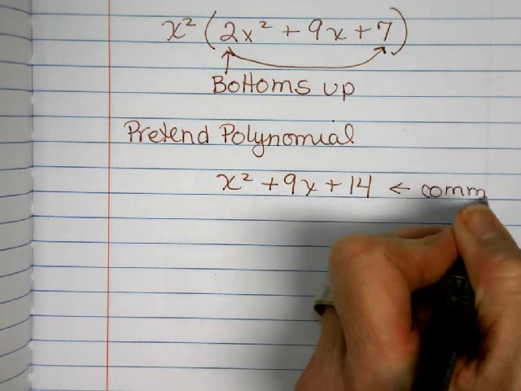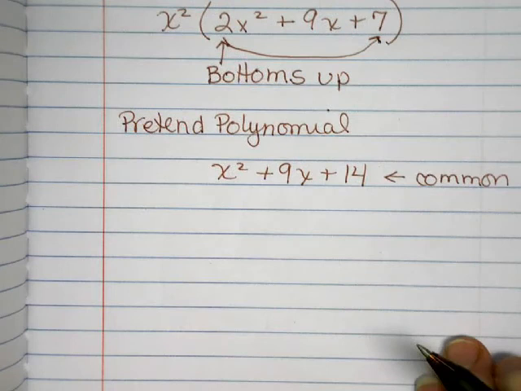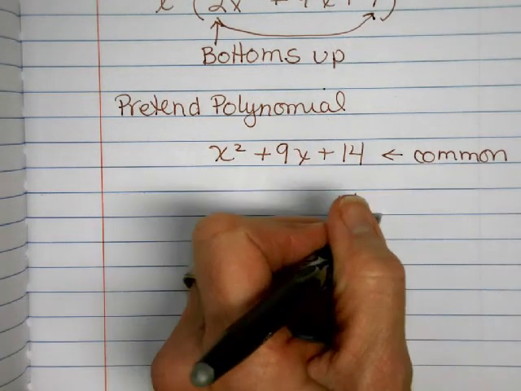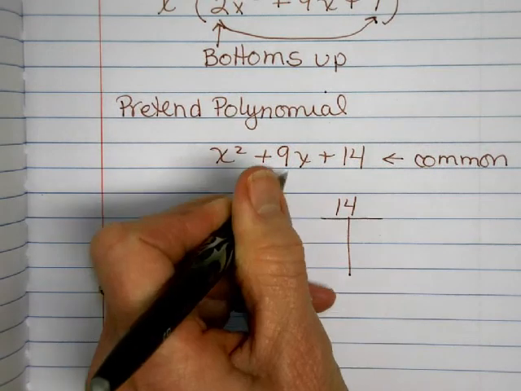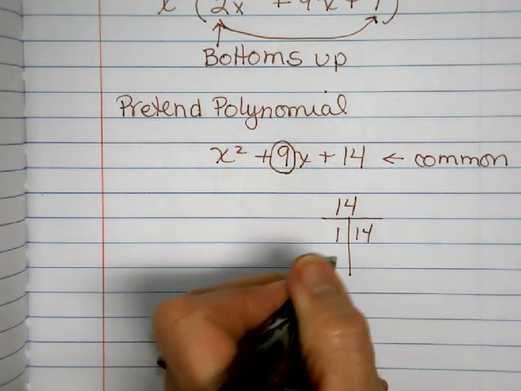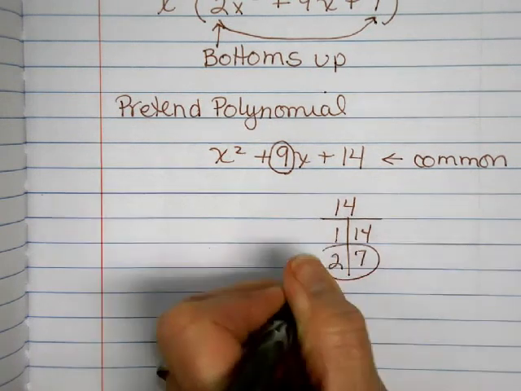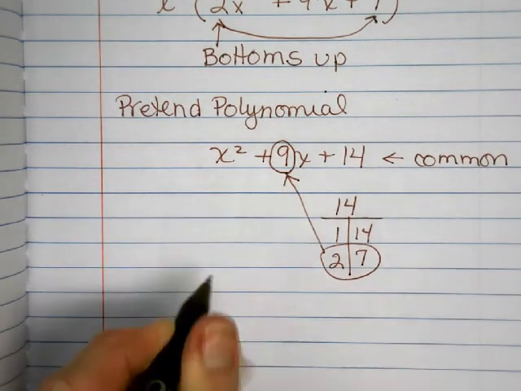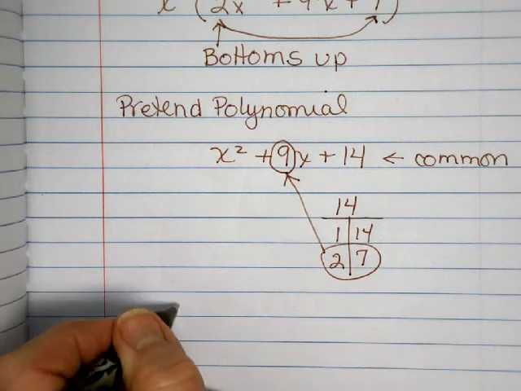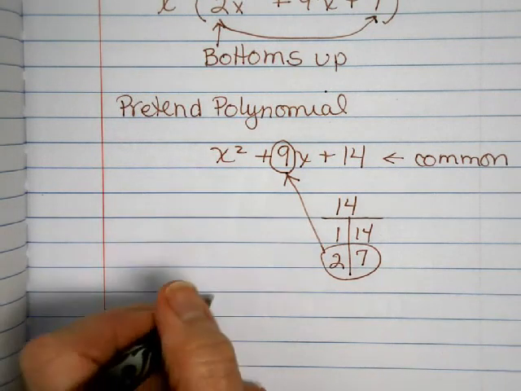So instead of having the leading coefficient higher than 1, I just have that common polynomial where I can ask myself what factors of 14 add up to 9. 1 and 14, no. 2 and 7, bingo.